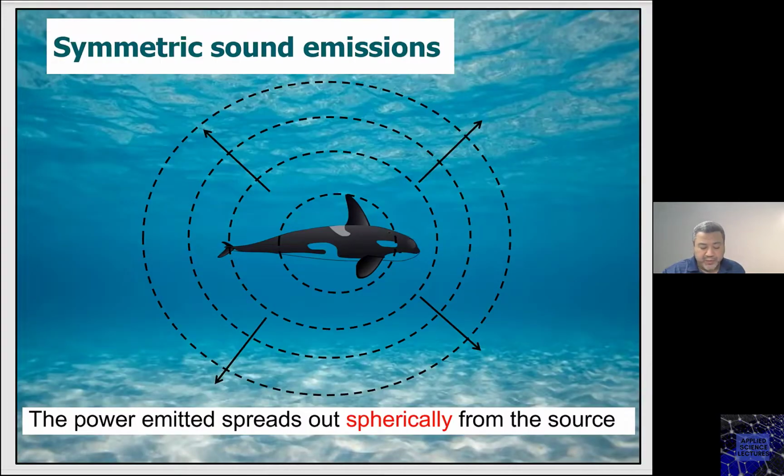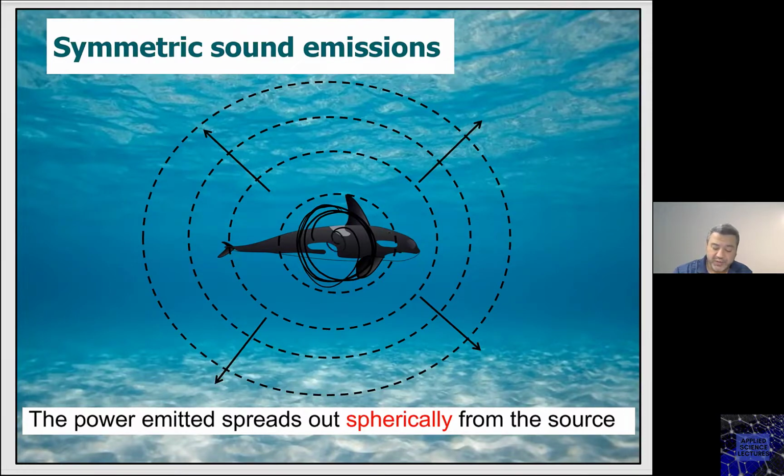An example is symmetric sound emission, which is basically a sound transmitted in all directions; we also call it isotropic or symmetric sound emission. In this case, the energy or the power is generated at this point, and then this power is transmitted in all directions.